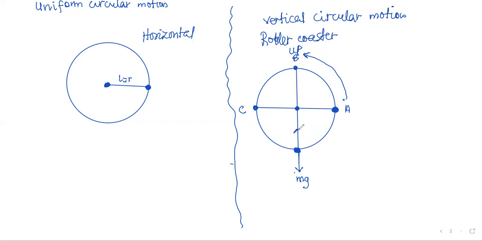So tension would act here. When the object is at the top, at the upper part of the circle, its weight will still be acting downward. It will follow gravity. Then the tension is always directed to a point of support, T.